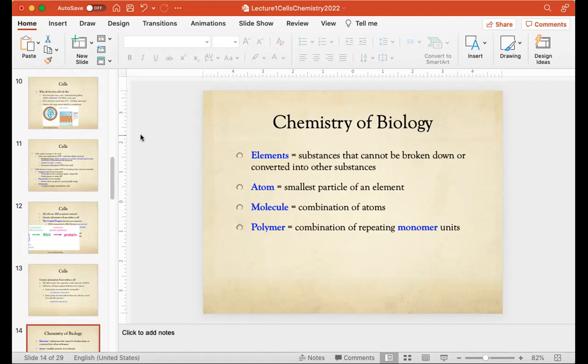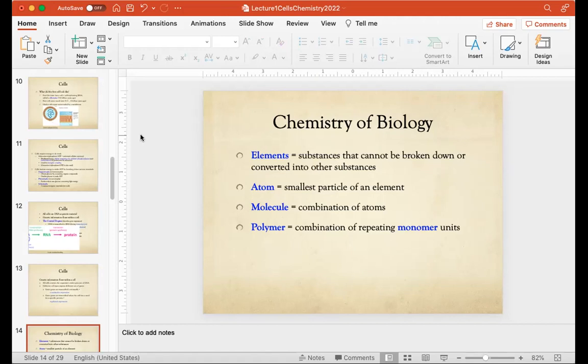And the last term I want to just review is this word polymer, because I tend to use it when we're talking about macromolecules. There are molecules in cells that are polymers. They are repeating units of monomers. So, for example, I'll often refer to polypeptides or folded up proteins as polymers, even though they're not true polymers.